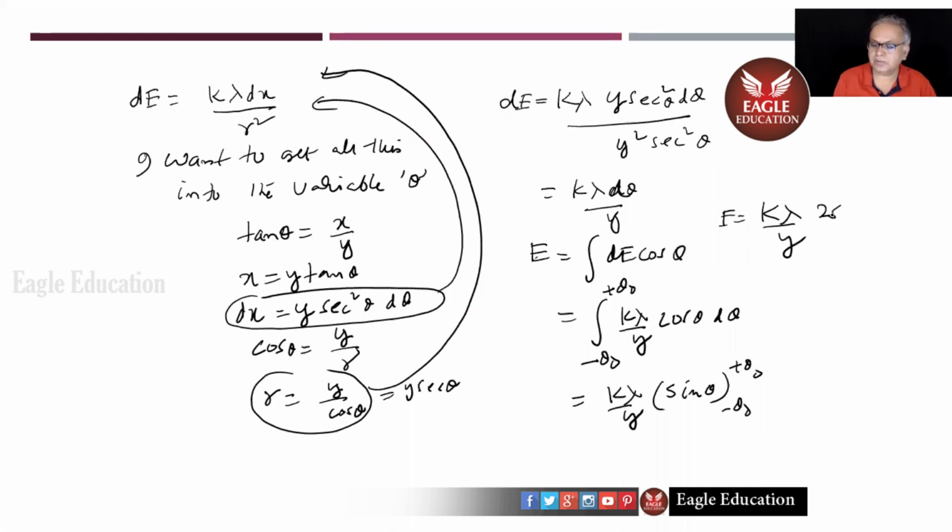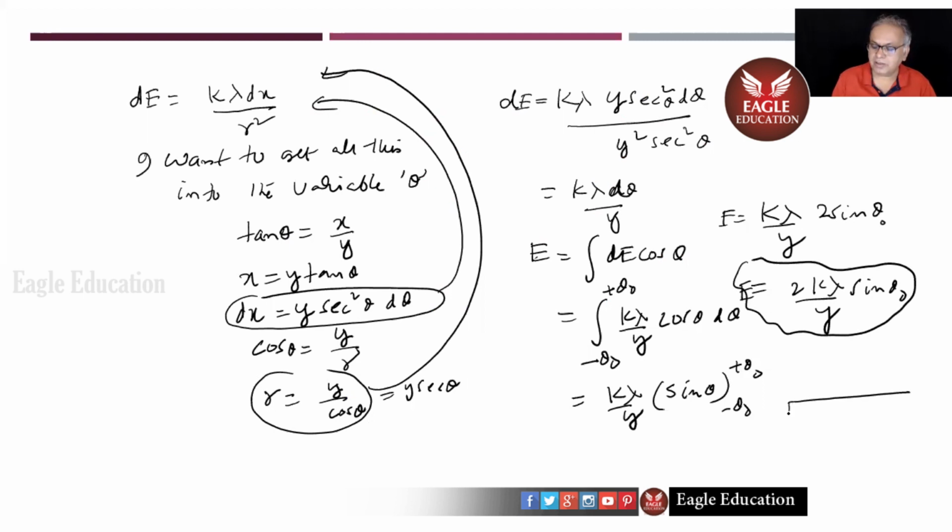So 2K lambda by y sin theta naught will be E, for the line charge here, at this point.